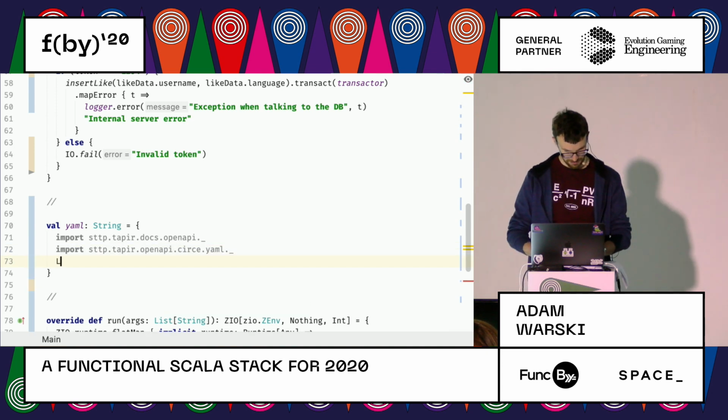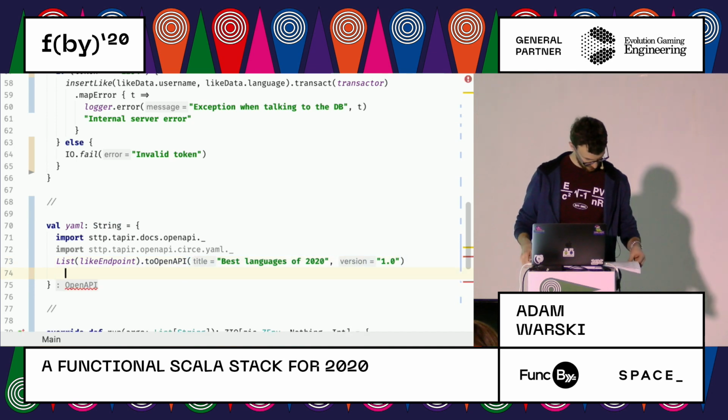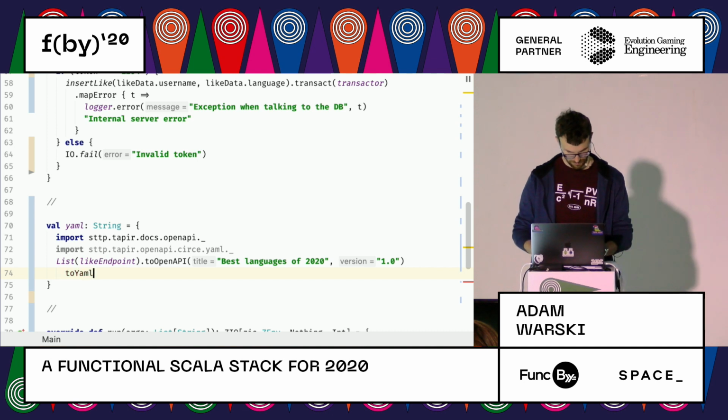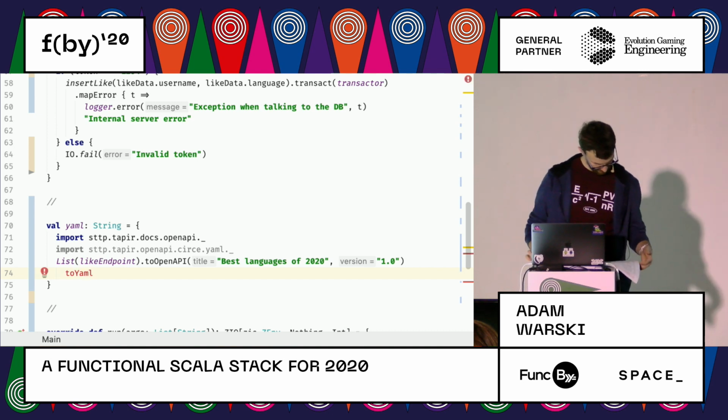So what we will do now is we take a list like endpoint toOpenAPI, best languages of 2020, version 1.0. And yeah, that's it, toYaml.